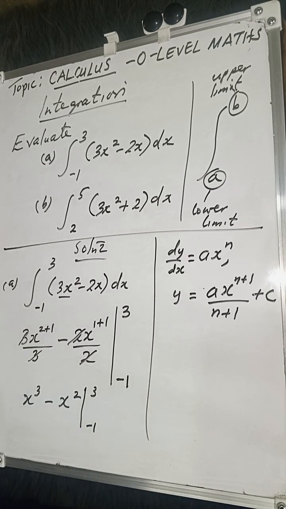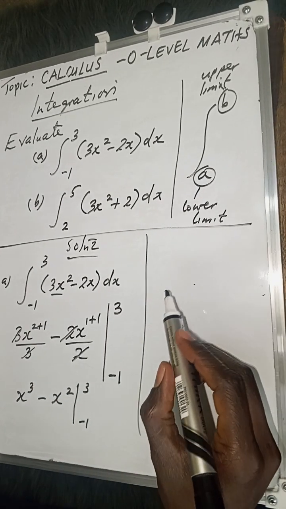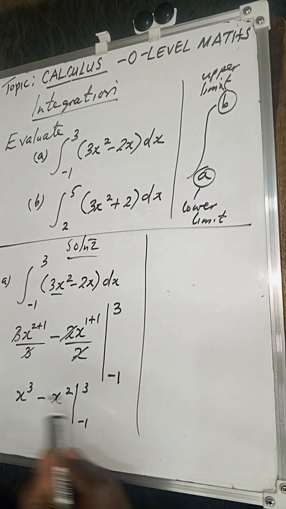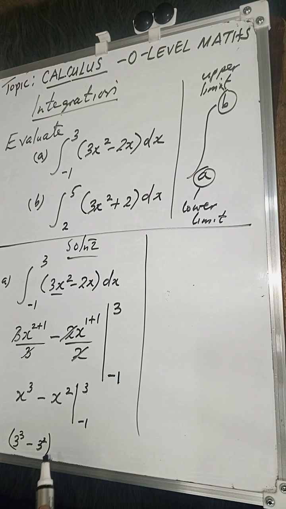So you can now work out with your limits there. So how do you work out with your limits? You substitute first of all the upper limit. That's what you do. So I replace the upper limit. So that is going to be 3 raised to the power 3 minus 3 raised to the power 2. So this is for the upper limit.